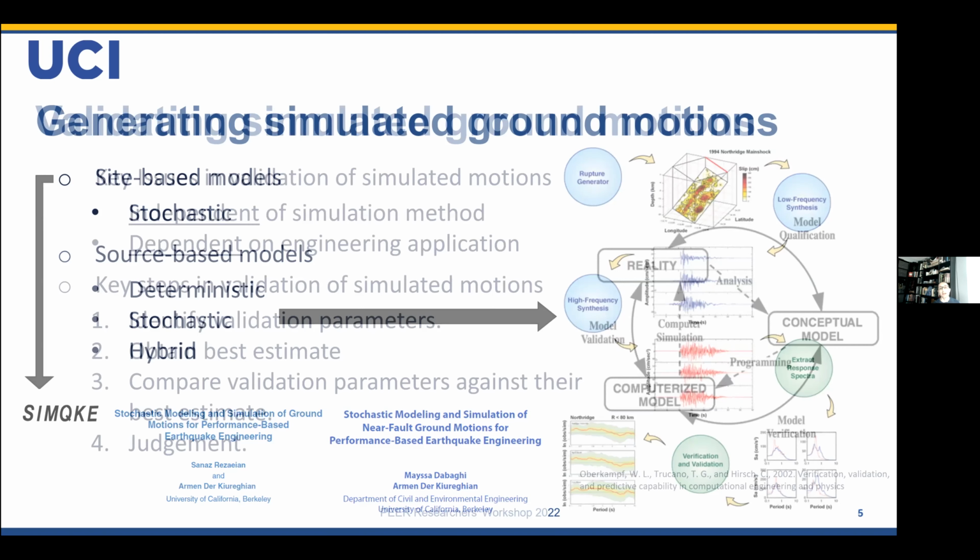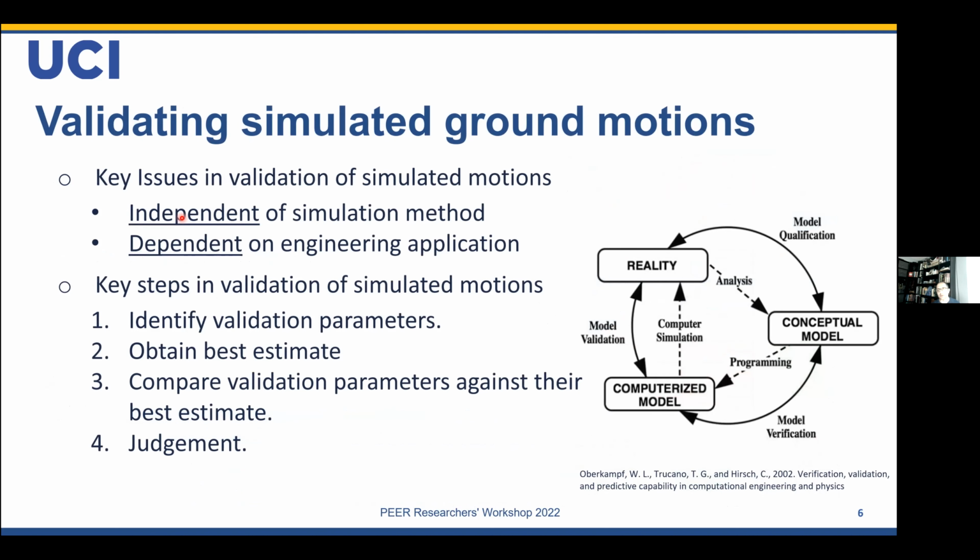So again, this is a philosophical slide, talks about key issues in validation. With the experience that we have since 2008, any validation should be independent of the simulation method to make it fair. And it can, and it maybe should, depend on the engineering application.